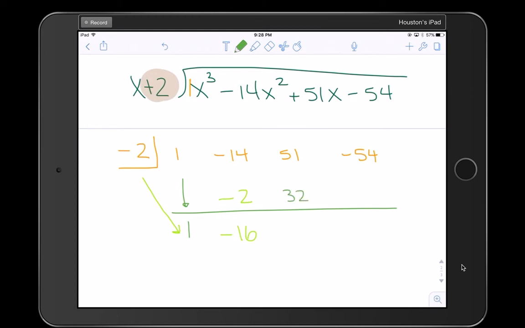If I add those, I get a positive 83. Again, go back to that half box, the negative 2, and multiply by the 83 we just got. And that gives me a negative 166.